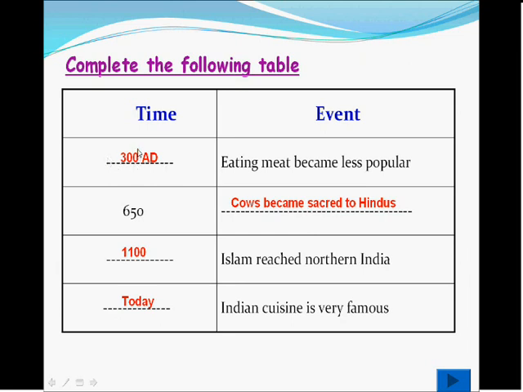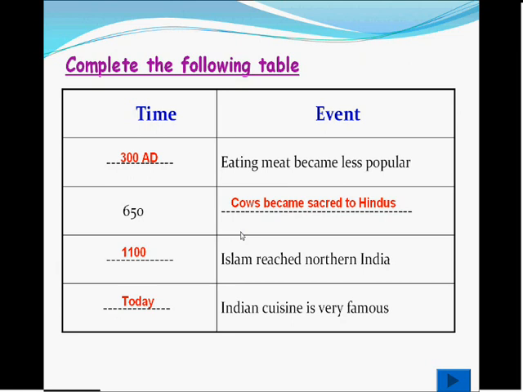So this is another type of question, which is completing a table. In our case here we have the time. So the first time is 300 AD, the second one is 1110, and the last gap is today.